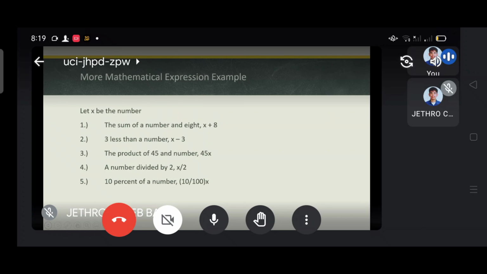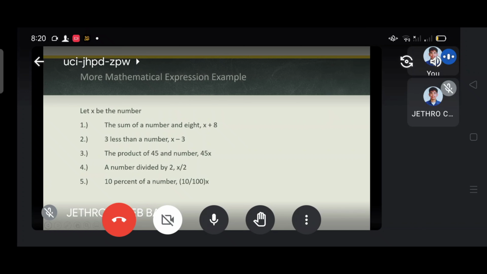So it is x plus 8. Next, 3 less than a number. It is the same as x minus 3. Take note, 3 less than a number, it's not 3 minus x. It is x minus 3. Don't get confused.